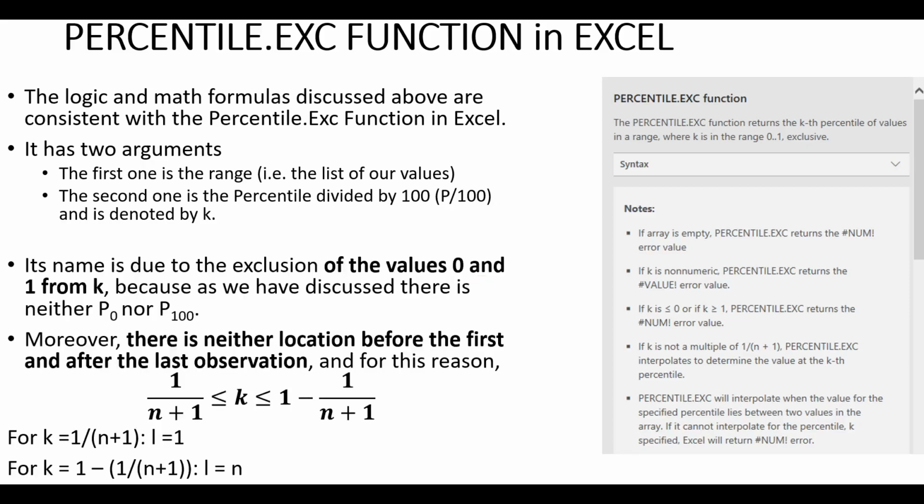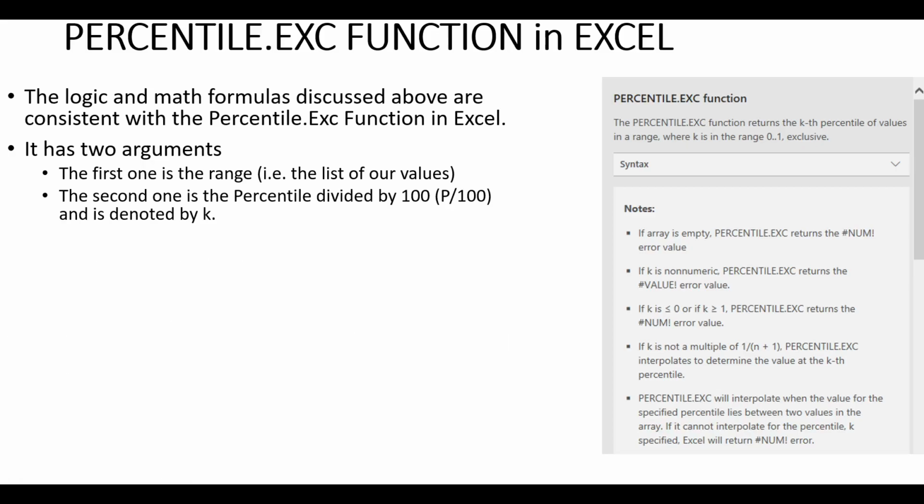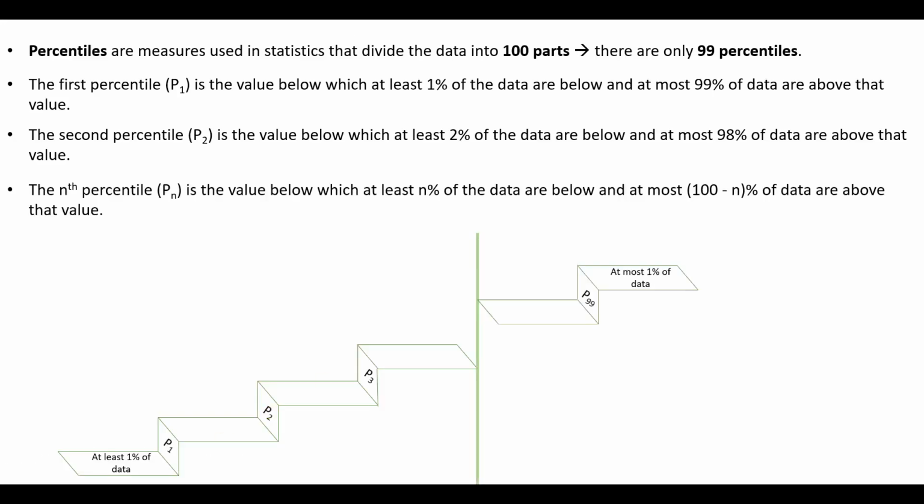Its name is due to the exclusion of the values of 0 and 1 from k, because, as we have discussed, there is neither P0 nor P100. We have shown it here that the first percentile is P1 and the last one is P99.